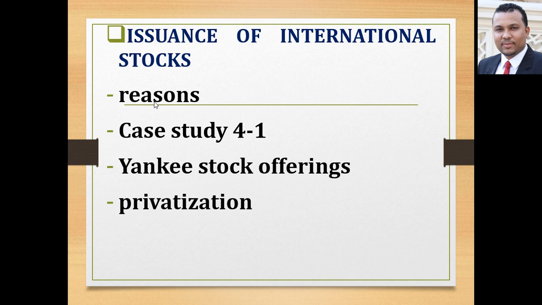Reason number two, investors may wish to purchase stocks denominated in currencies. Why? Because they expect them to strengthen in the future, because that would enhance the return on investment. ROI, return on investment.